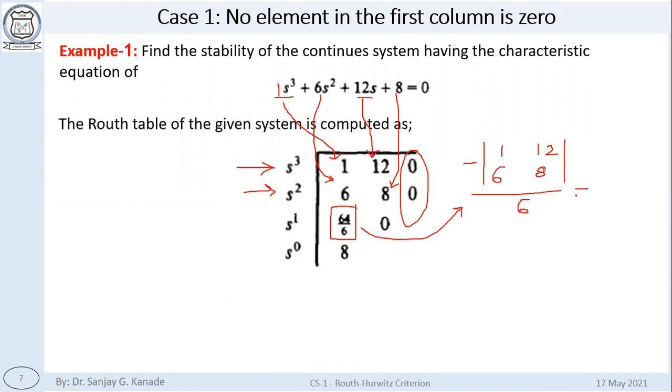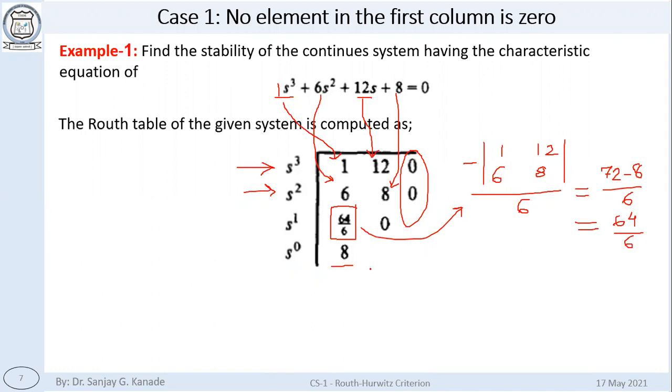So now calculate what is the value. Yes, anyone? It will be 72 minus 8 divided by 6, which is equal to 64 by 6. Right? That is what is written here.